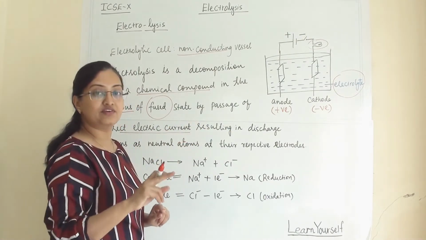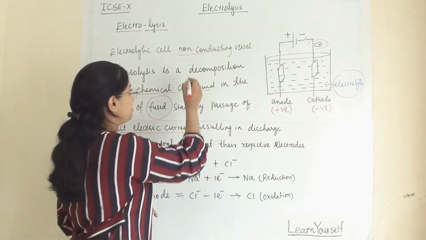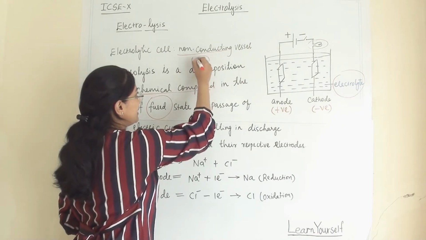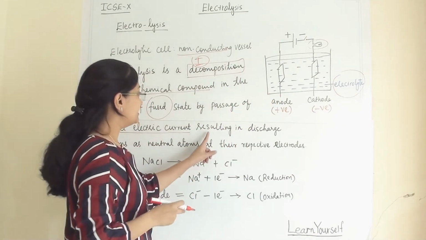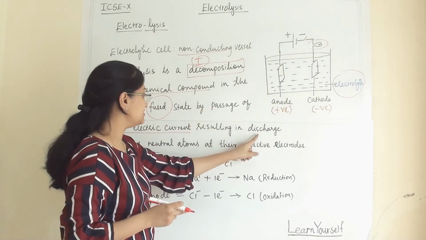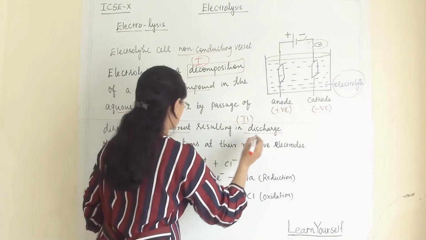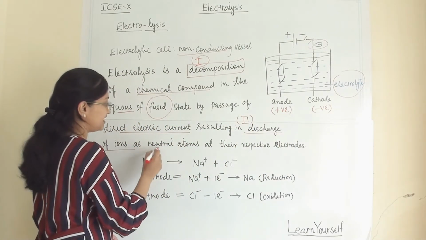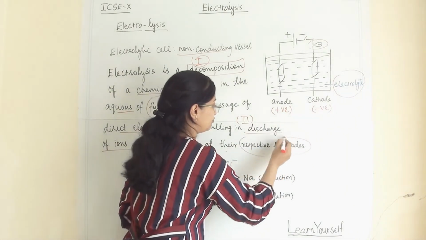When direct electric current passes through the electrolytic solution, what will happen? First, decomposition of the compound will happen. Second, once the current passes, it will result in the discharge of ions as neutral atoms at their respective electrodes.